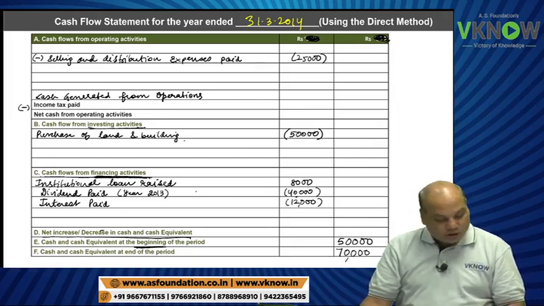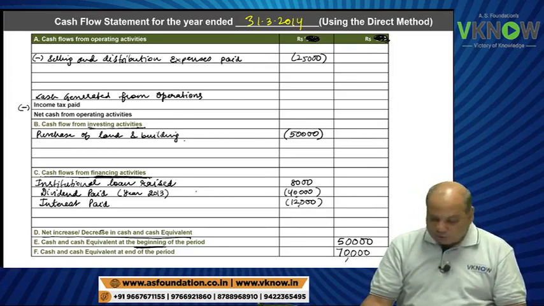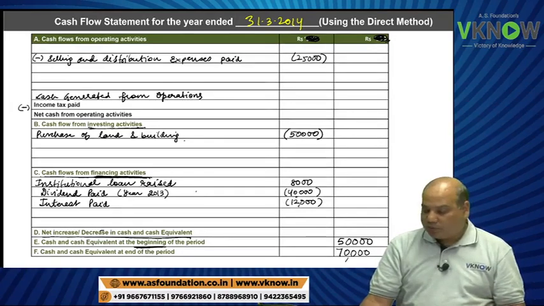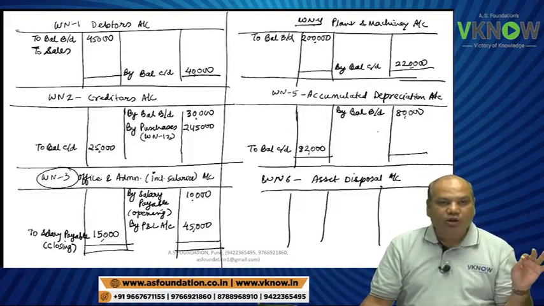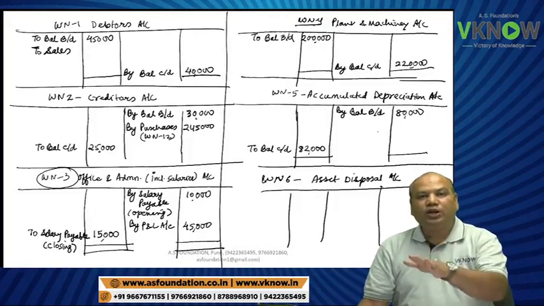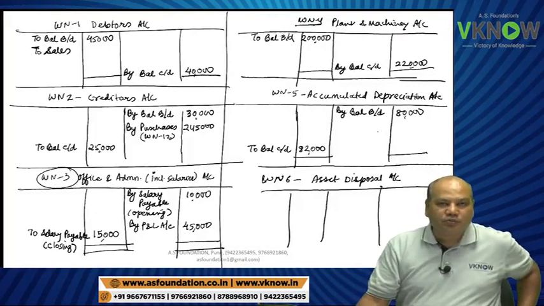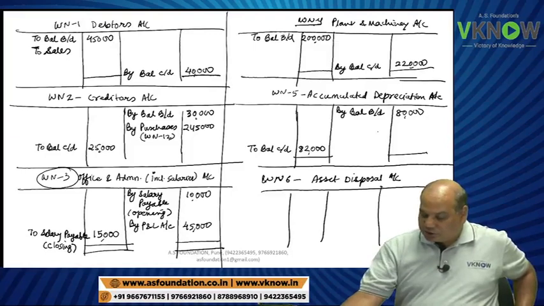Okay. And then depreciation 22,000. Depreciation entry will be depreciation account debit to accumulated depreciation account.